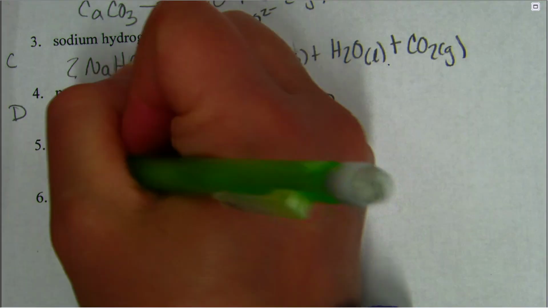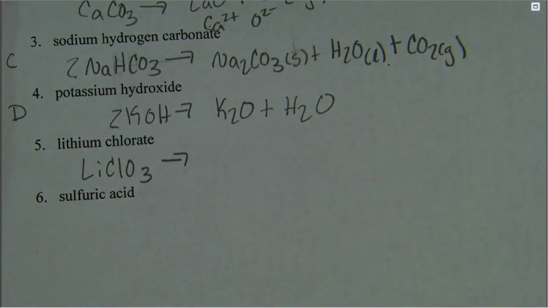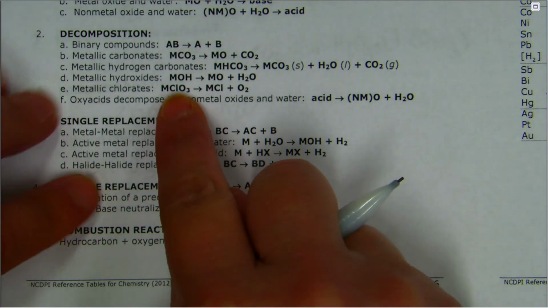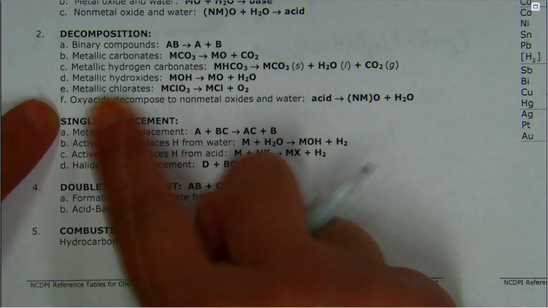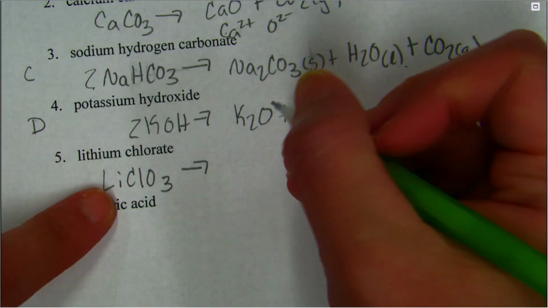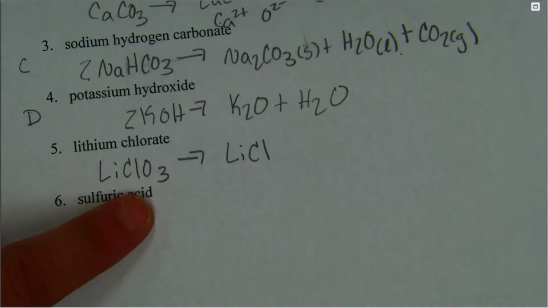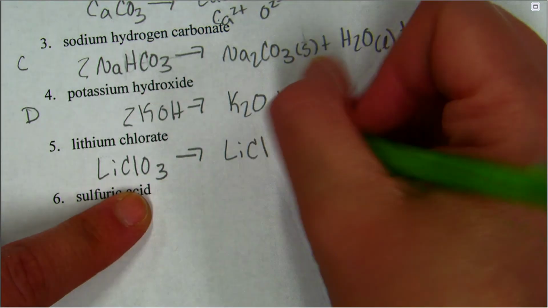Lithium chlorate. Here I have a metal chlorate. All right, so this is a type E. I'm going to get a metal chloride plus oxygen gas. So my metal is lithium, and when I swap and drop that with chlorine, I get my metal chloride, lithium chloride.